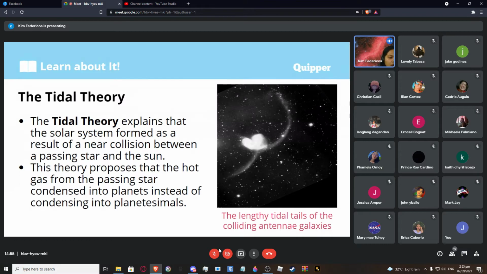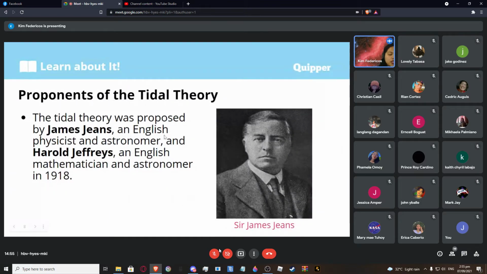This theory proposes that hot gases from the passing star condense, forming into planets instead of condensing into planetesimals. So it did not pass through planetesimals, it did not pass through baby planets. It directly became a planet. The proponents of this theory are James Jeans and Harold Jeffreys. So please do remember the proponents of this theory.